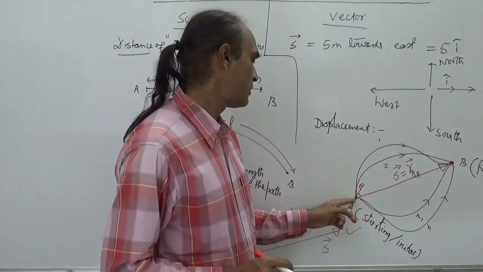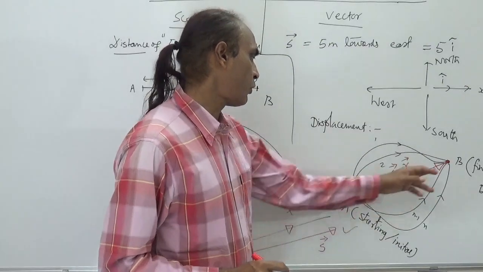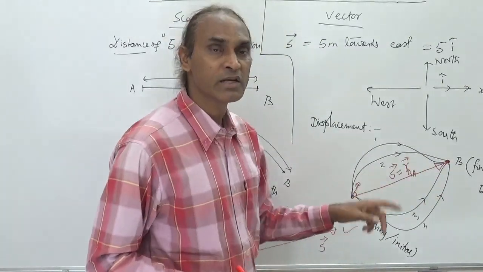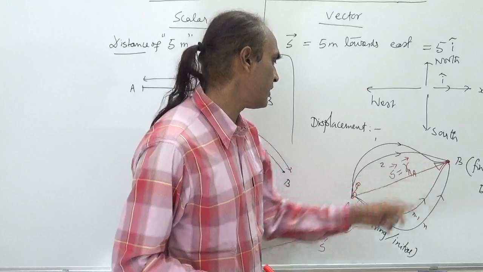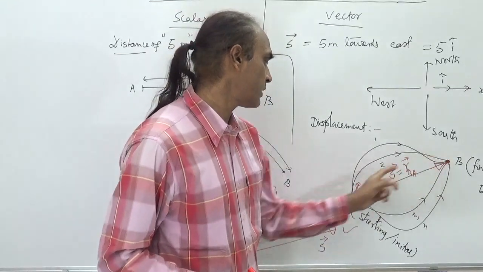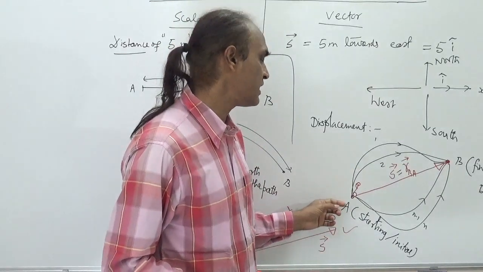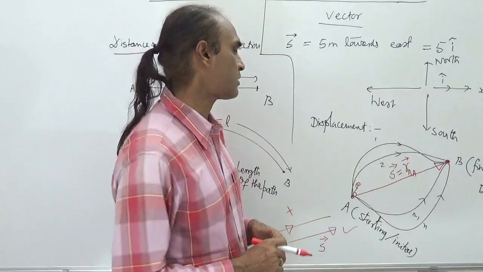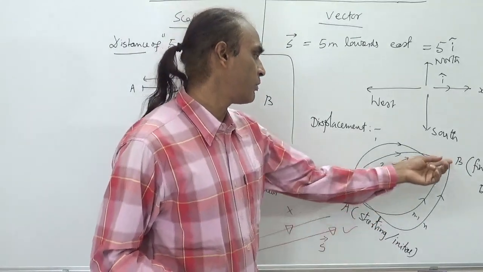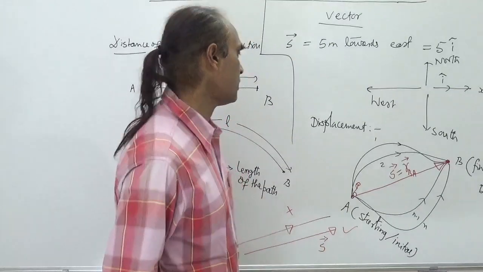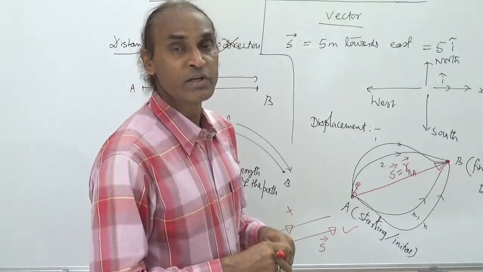When the baby is standing at the point A, the baby will point his finger towards B. So the position of B with respect to A can be explained by pointing the finger. Therefore, the vector AB, or the position of B with respect to A, is a vector quantity. That is what is numerically equal to the displacement. So displacement is the first fundamental vector quantity after position vector. Displacement is nothing but the position vector of the final position with respect to the initial position. So basically the question was between displacement and distance.